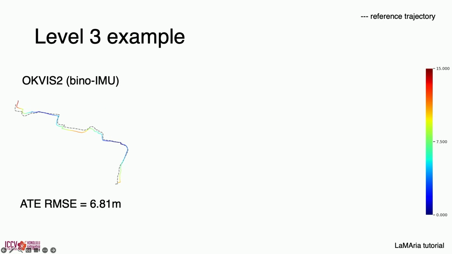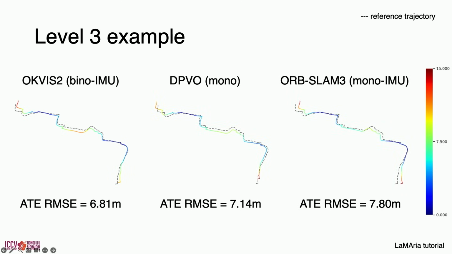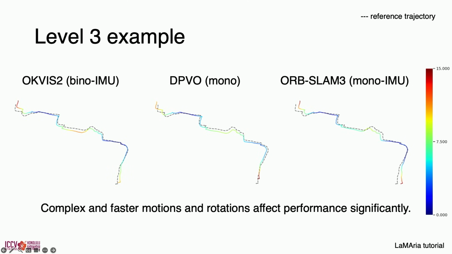As you can see, it's gradually increasing from level 1 to level 2 to level 3. And our takeaway, again, is that as we incorporate motions that get closer and closer to egocentric data, it just gets more challenging.